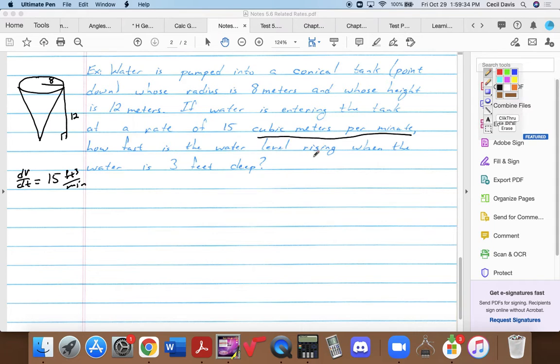How fast is the water level rising? All right, the water level is actually down here someplace. We'll call that quantity H. So I want to know, what is dH dt when the water's 3 feet deep, when H is 3?